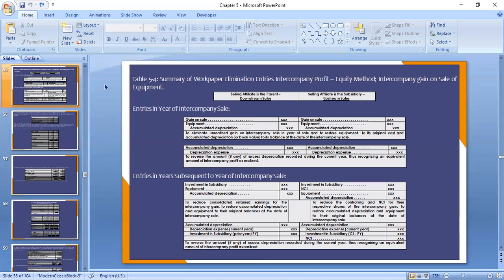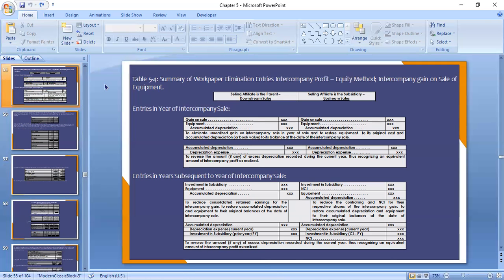The explanation is to reduce the controlling and non-controlling interest for the respective shares of the intercompany gain, and to restore accumulated depreciation and equipment to their original balances at the date of intercompany sale. The second entry is debiting accumulated depreciation, crediting depreciation expense, and crediting investment in subsidiary.